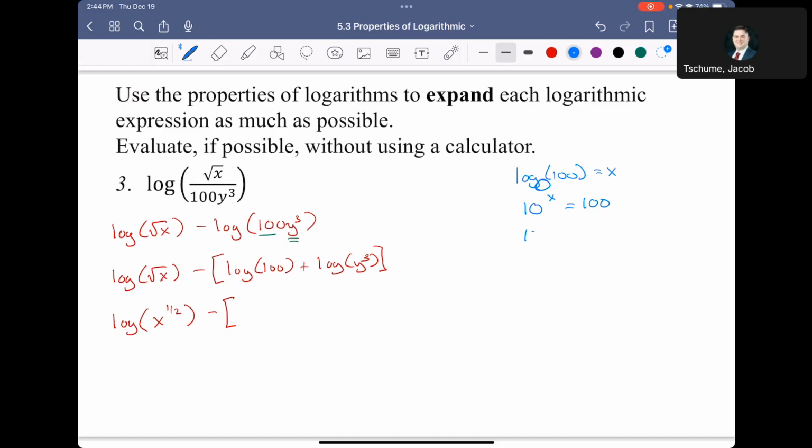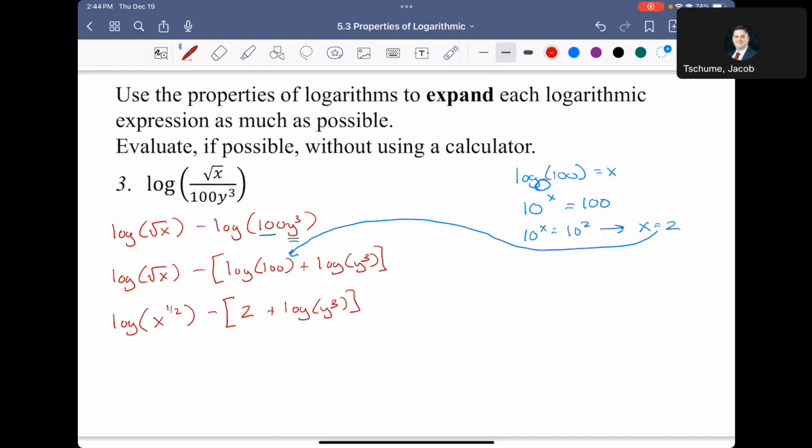And so if you were to rewrite your left-hand side, we should know that 100 is written as 10 squared. And if you just set the exponents equal to each other, you can say that x is 2. So we can replace this log of 100 with a single value because I was able to simplify it. So this log of 100 will become 2, and then you'll have plus the log of y cubed.